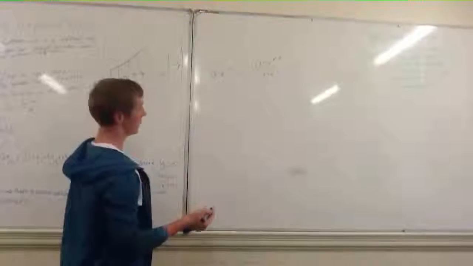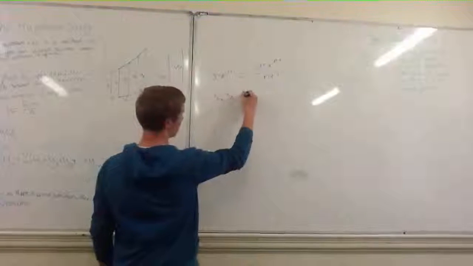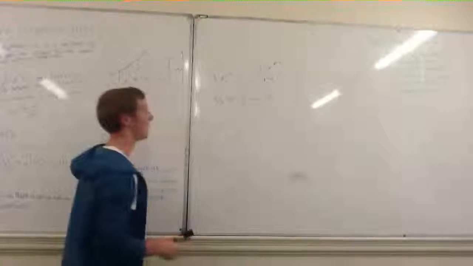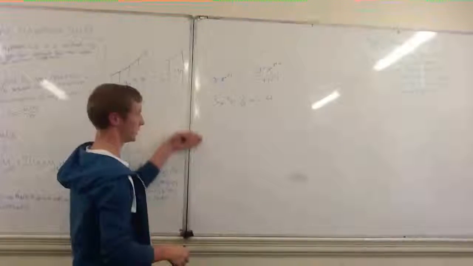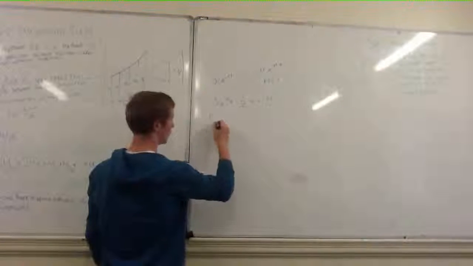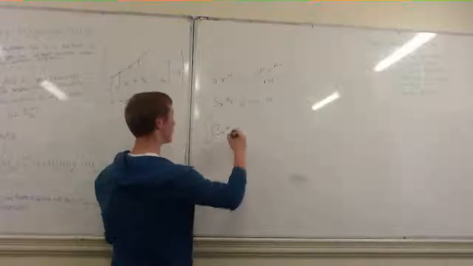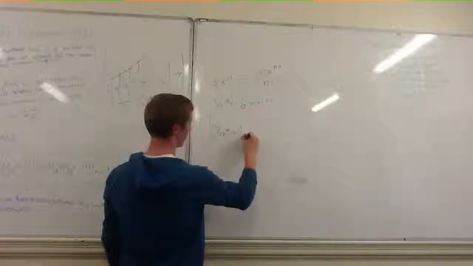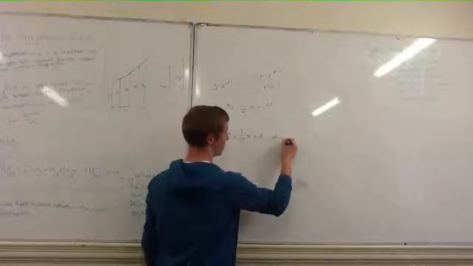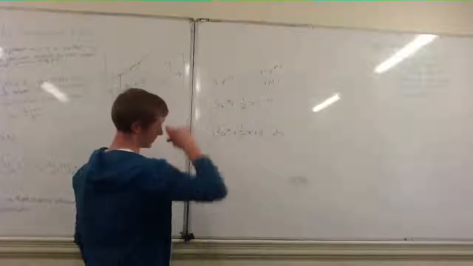So if we take any old function, we will say 3x squared plus 1/2 x plus 4, we now write it showing that we're going to integrate it, with dx at the end, which just means with regards to x. We're doing it to things that involve x.